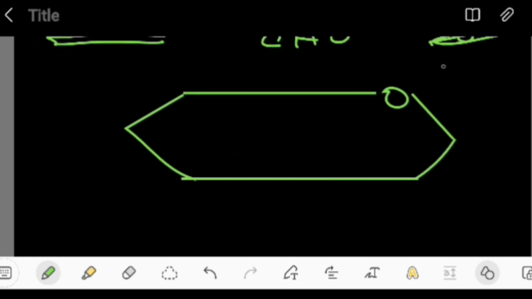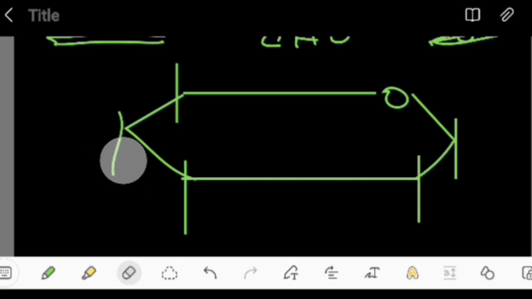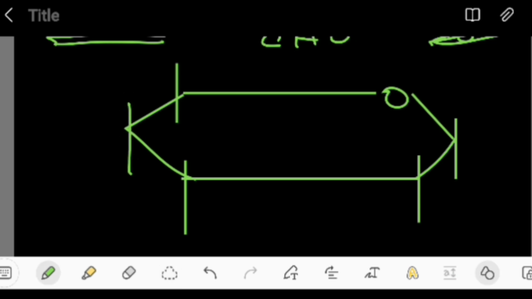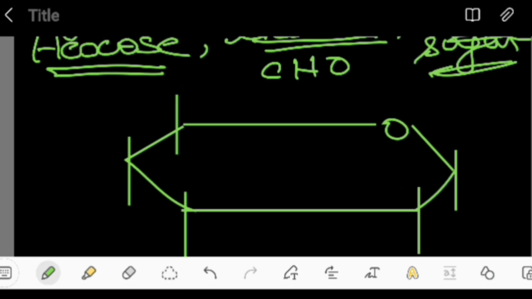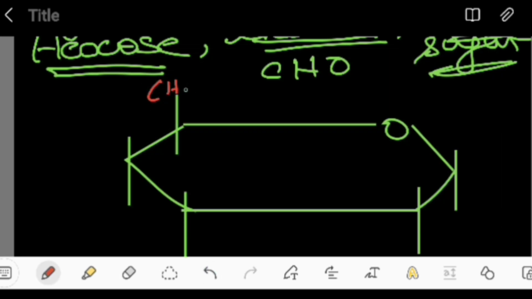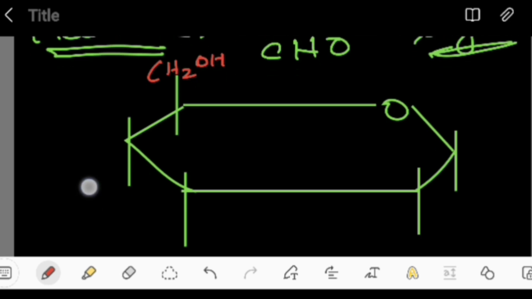So this is the structure. Like this, it goes like this. Here you have CH2OH.